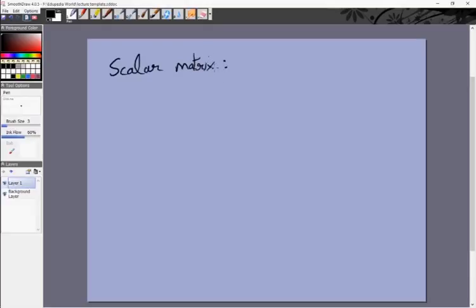All these definitions will be very natural to you soon when we start actually doing operations on the matrix. Right now it's just good to remember the names of different types of matrices. So a scalar matrix is a diagonal matrix with all entries equal.